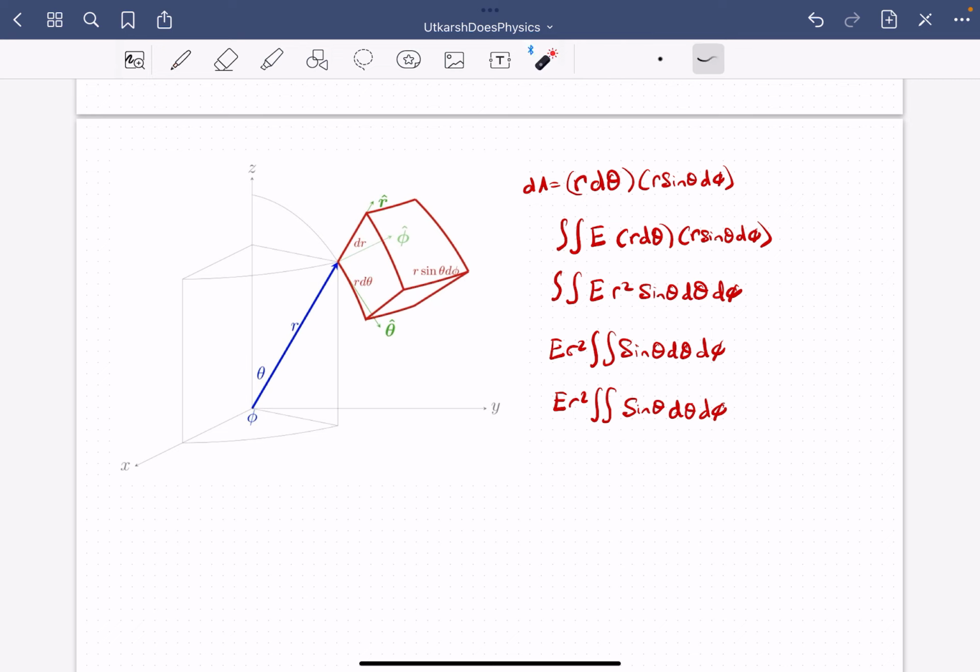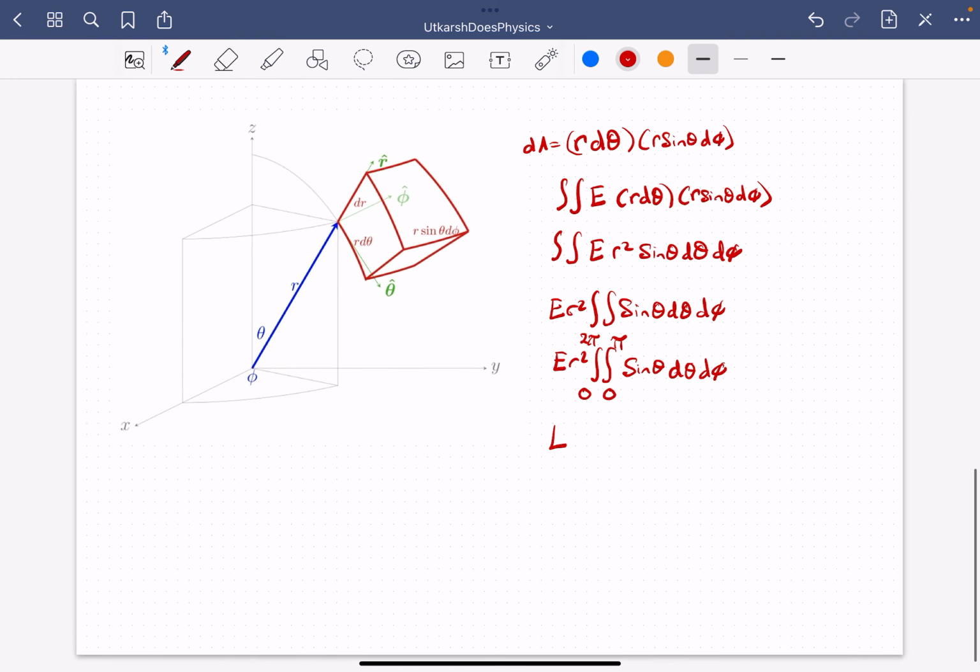So if you notice here, this is theta, and it goes from 0 all the way down to pi. So theta goes from 0 to pi. And then we have phi, and phi goes from 0 all the way around the circle. So that's a full circle, that's 2 pi. So phi goes from 0 to 2 pi.